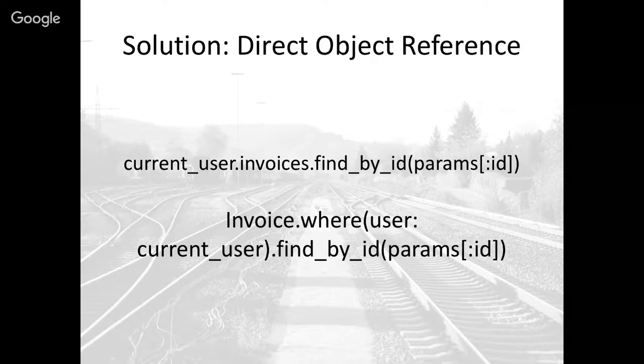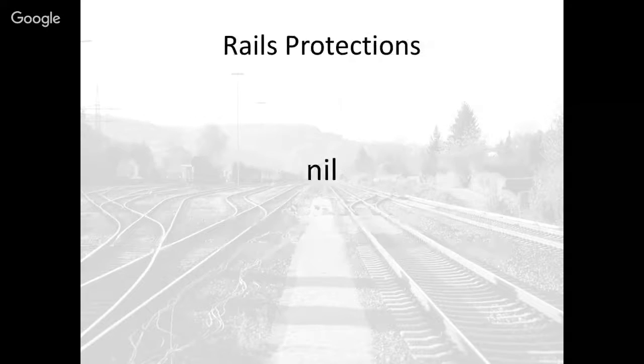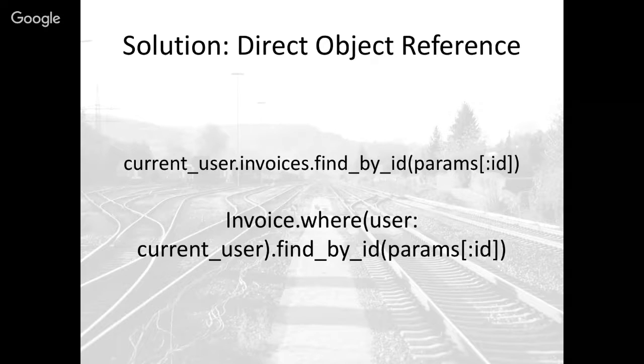So instead of saying I want to get the invoice with this number, say I want to first get the list of the user's invoices and then filter it down to the one they've asked for. What this guarantees is that if they ask for something they're not allowed to access, the application acts as if it doesn't exist, which is the optimal behavior, and leaks the least information possible out of everything, right?